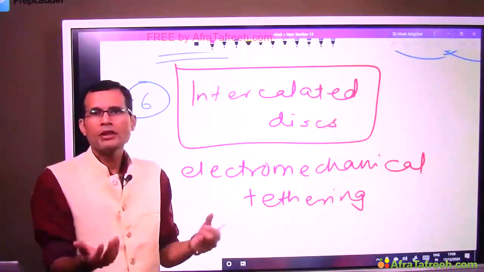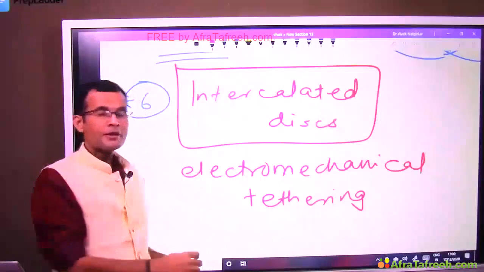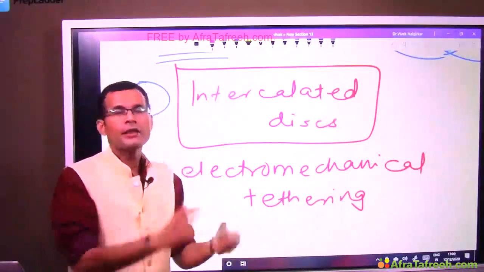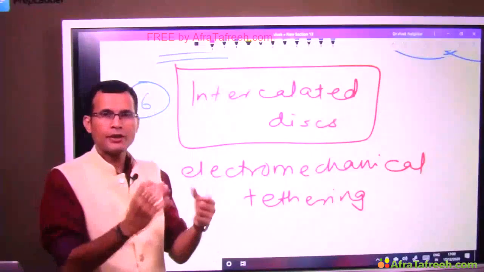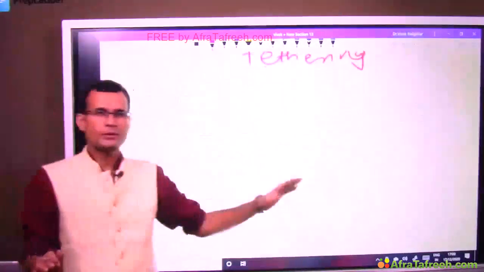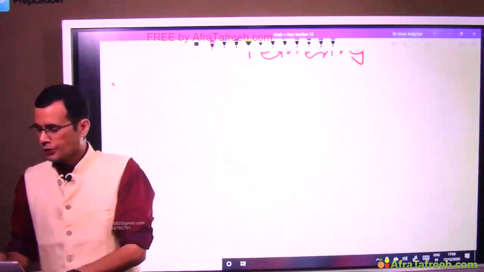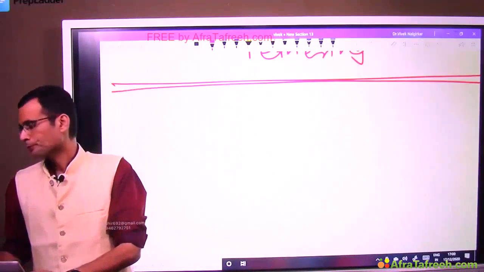So in a way, they would be floating just like that. But no, there is mechanical tethering given to the fibers so that they can contract strongly and together. So that's the importance of intercalated discs. Right, so that was the introduction.